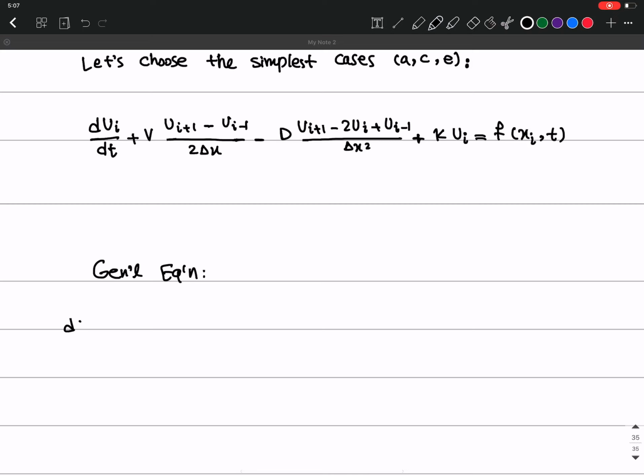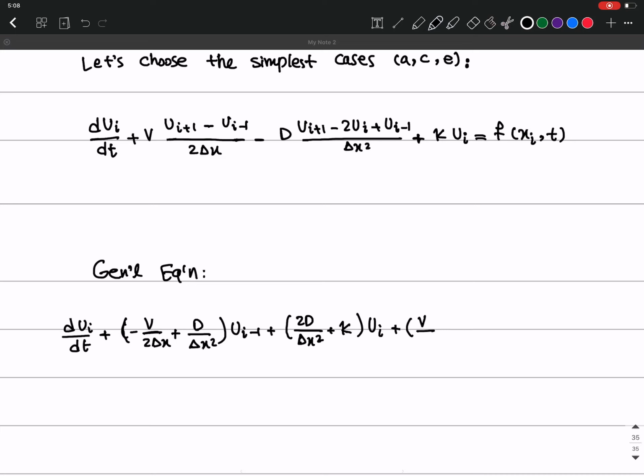I have du_i over dt plus, factoring everything from u_i minus 1, (minus v over 2 delta x plus D over delta x squared) times u_i minus 1, plus (2D over delta x squared plus kappa) times u_i, and the last term is (v over 2 delta x minus D over delta x squared) u_i plus 1 equals f_i. Okay, so this is going to be my general equation.